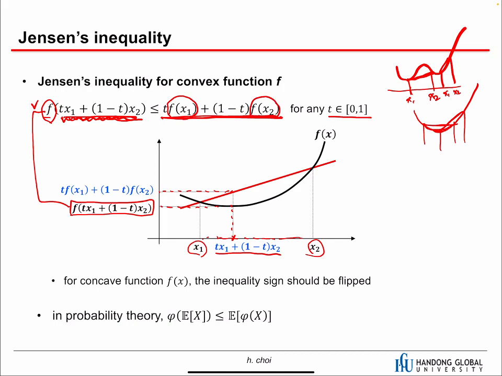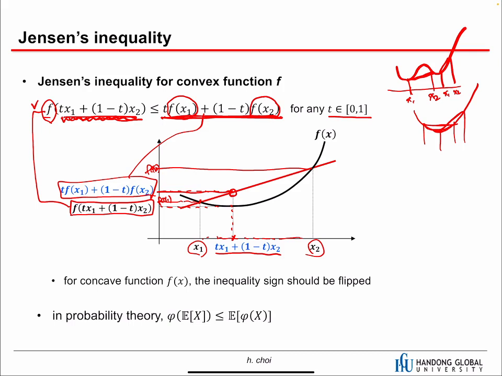So the function of x1 is here, and the function of x2 is here. Then this one says the weighted sum of these two values with t and 1 minus t. Actually this one is the right hand side of this inequality.